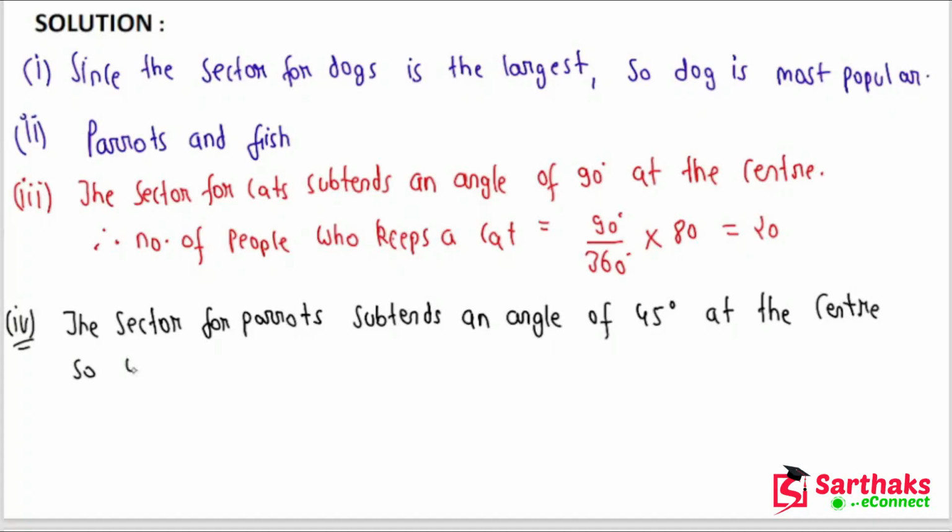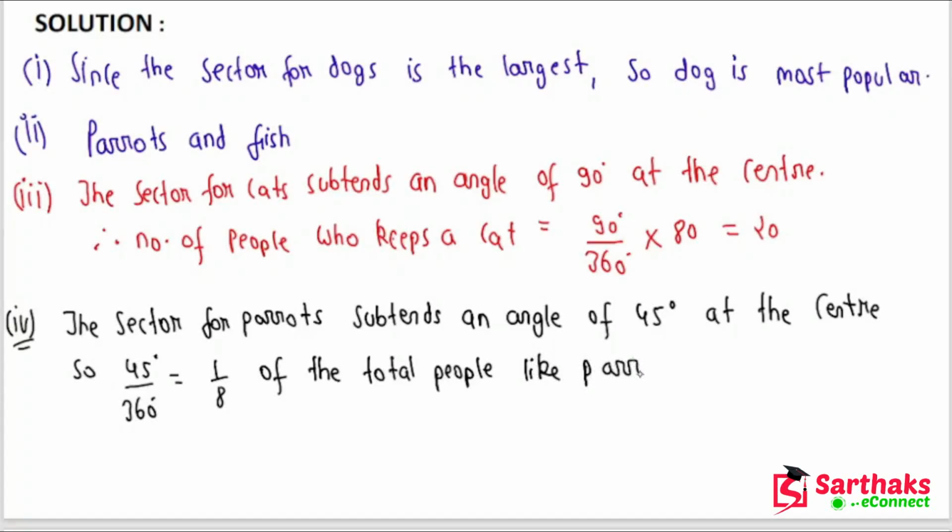So 45 degrees upon 360 degrees, the fraction is equal to 1/8 of the total people we have surveyed who like parrots. Simple. So the fraction of people who like parrots is 1/8.